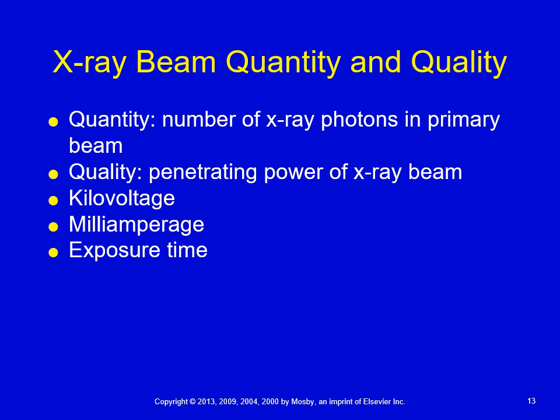It does control the shades of gray, or the contrast, within our image. Beam quantity is the number of X-rays that are in the primary beam. So the more X-ray photons in the primary beam, the more dense, or more dark, the X-ray will be, especially if those X-rays are able to penetrate the patient and get out and interact with our image receptor.